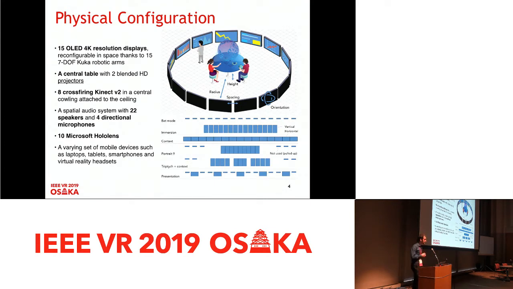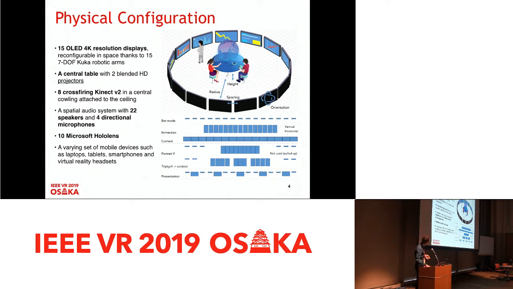We have a central table that we envision for collaboration and putting insights together as a team, because the idea is that we are building a sort of meeting room for the future. And the table has projections originated by 2 HD projectors. We have what we call perception system that is composed by 8 Kinect V2 sensors attached to the ceiling that allow us to understand which interactions are performed on the table and around the environment.